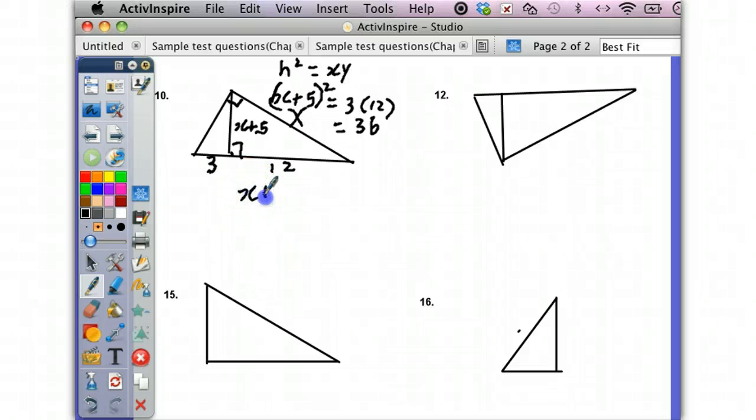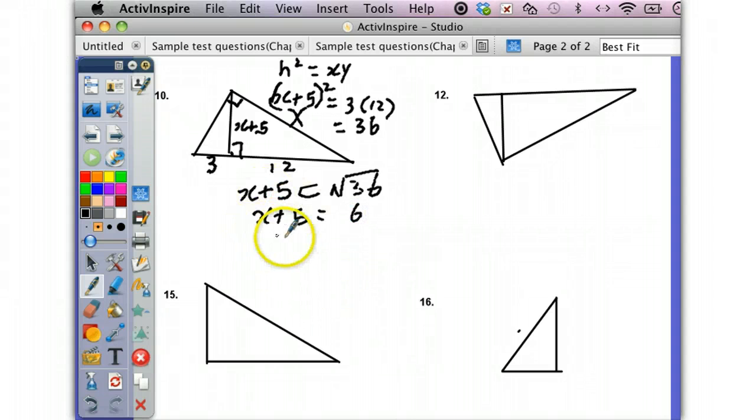X plus 5, thinking of it as a big variable, is equal to the square root of 36. So it's going to be easy now to finish. X plus 5 is equal to what? Square root of 36 is 6. So x will be what? I subtract 5 from both sides, x is going to be 1.